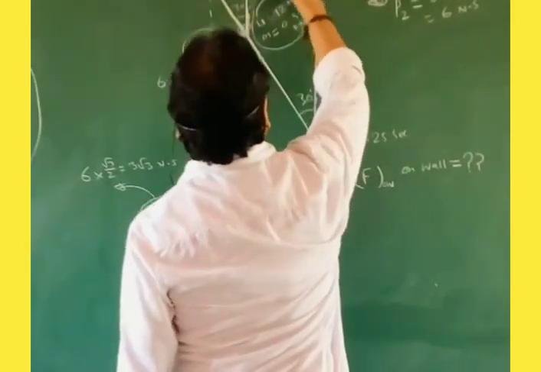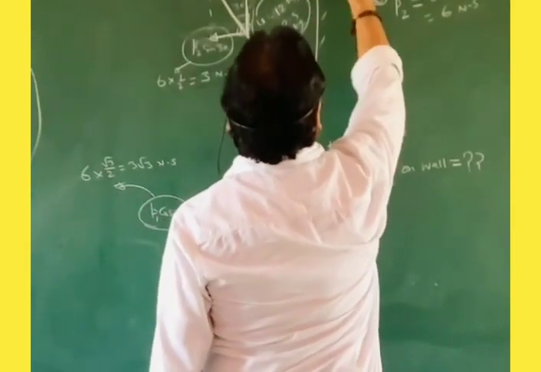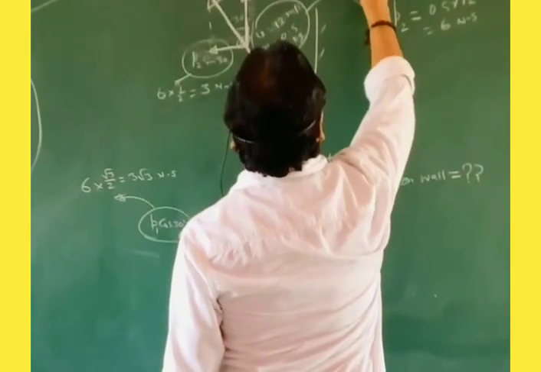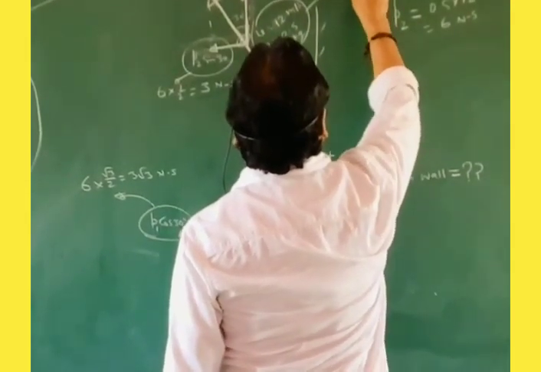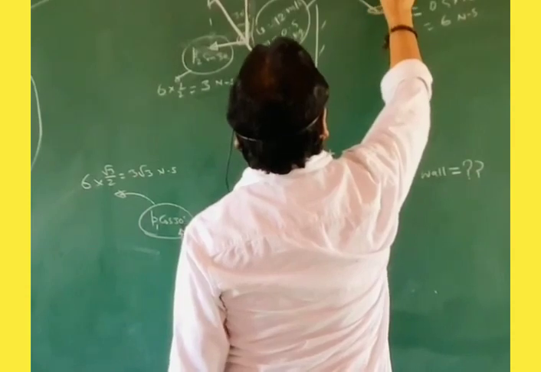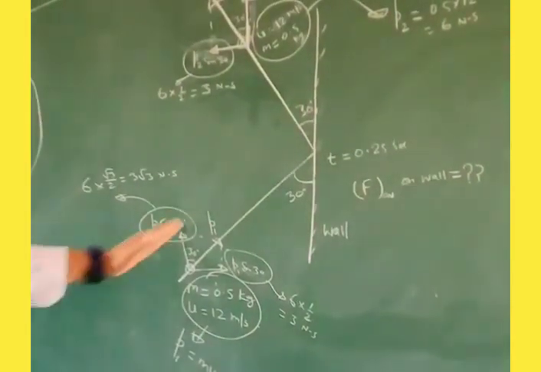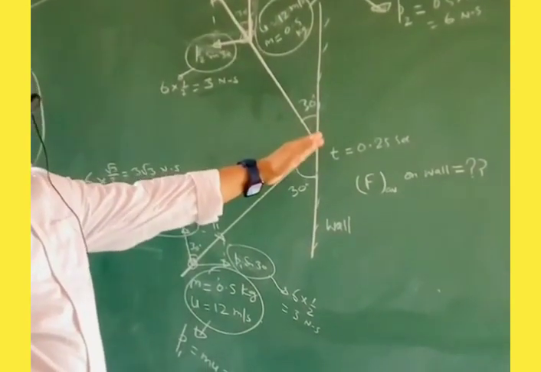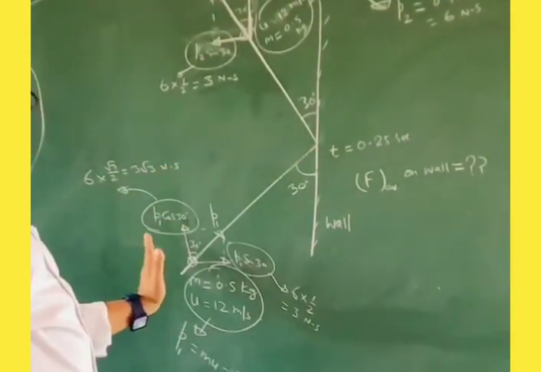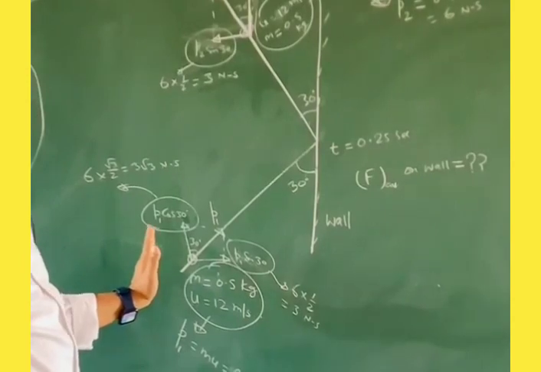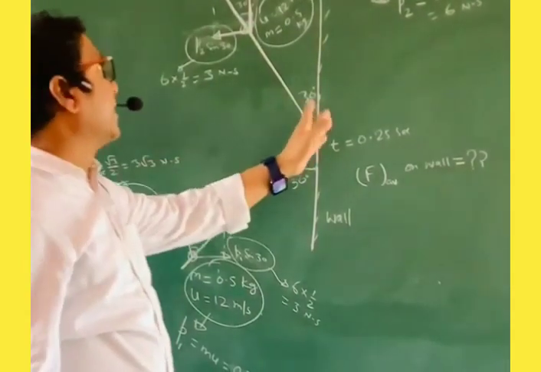And this is 6 into root 3 by 2. That means 3 root 3 Newton second. Any problem? Okay.